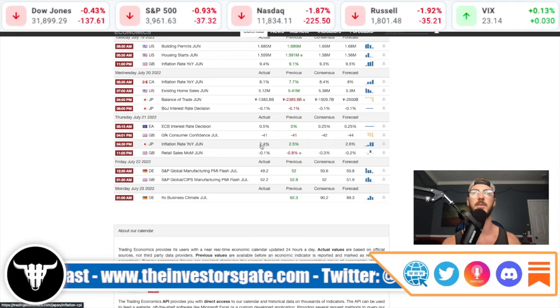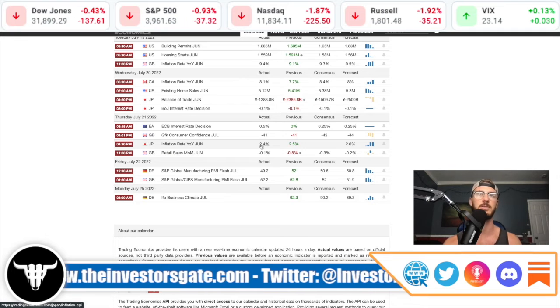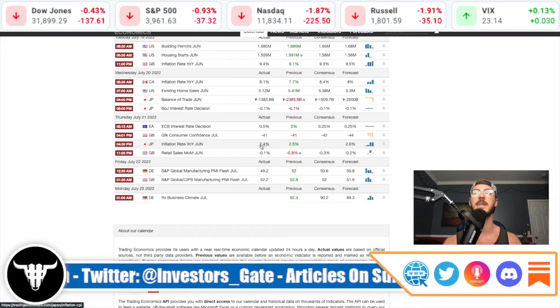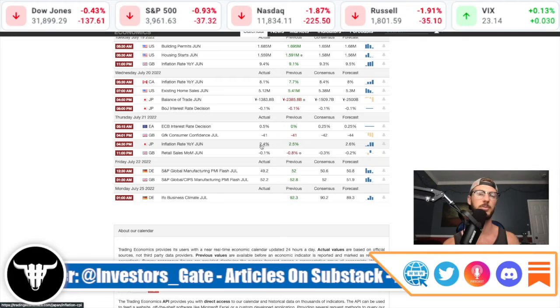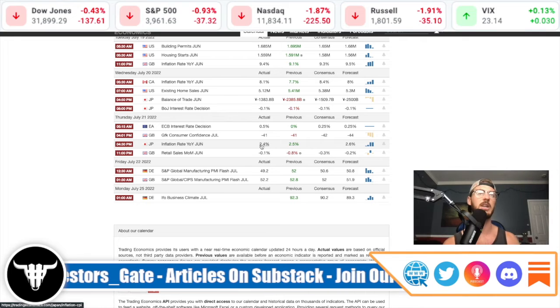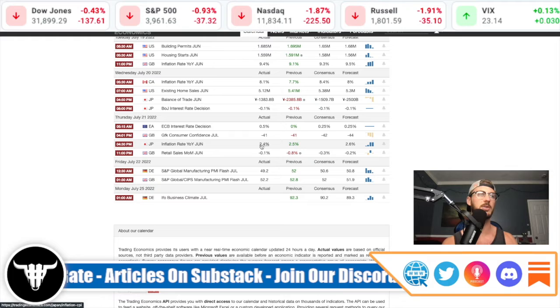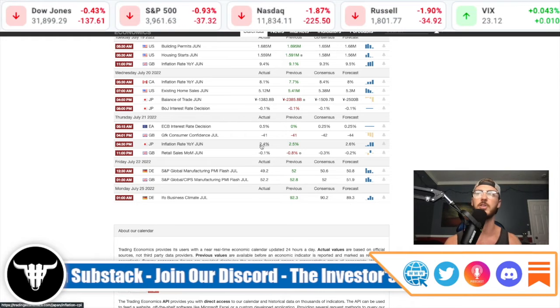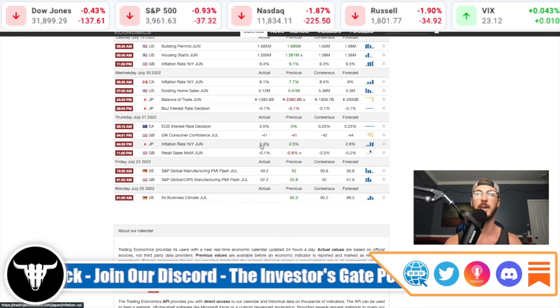Now, why is that significant? Well, Japan is in the middle of quantitative easing right now. They are the only major central bank that is easing, while all these other central banks are tightening and even getting ready for quantitative tightening. So like tightening in terms of interest rates going up, but also in terms of reducing the size of their balance sheet. Now, Japan is doing the opposite.